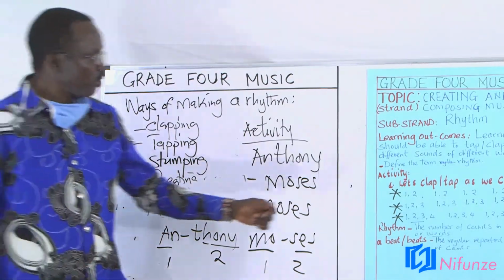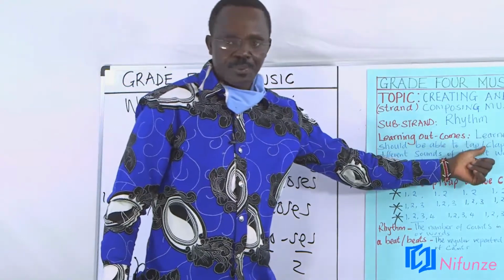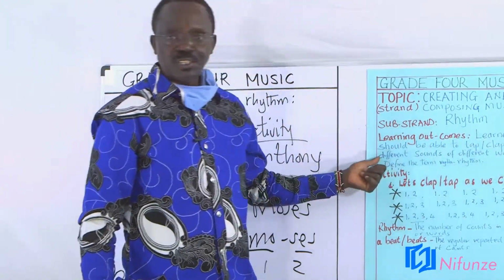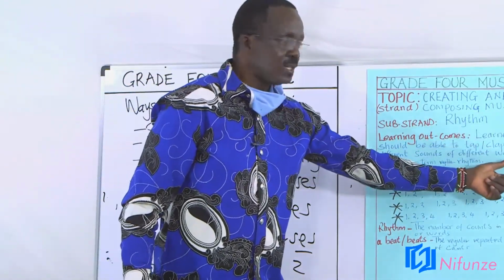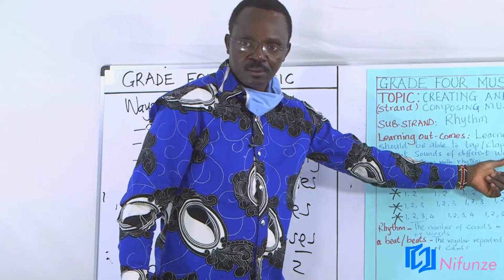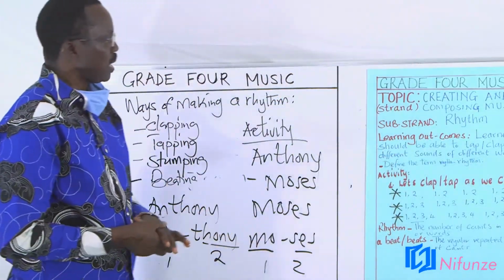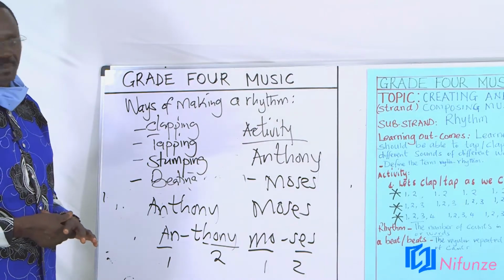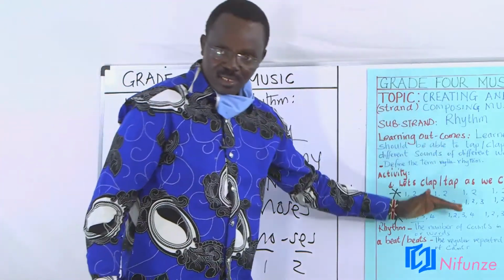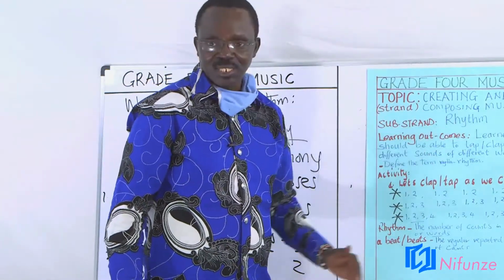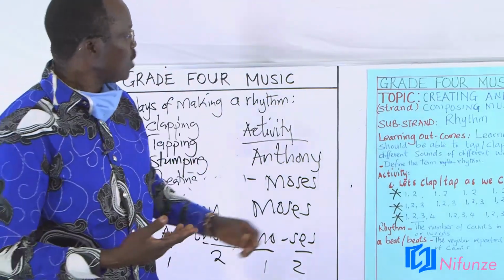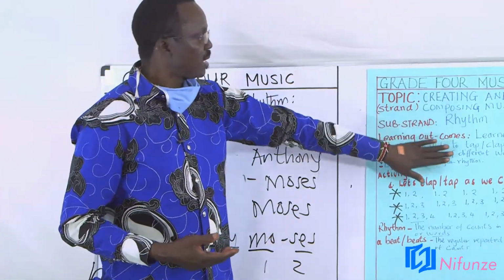I know now you know how to tap or clap different sounds using different words. I know you know how to define the term rhythm, but just to go over it, to assess whether you have really understood this, I want to ask you a question.